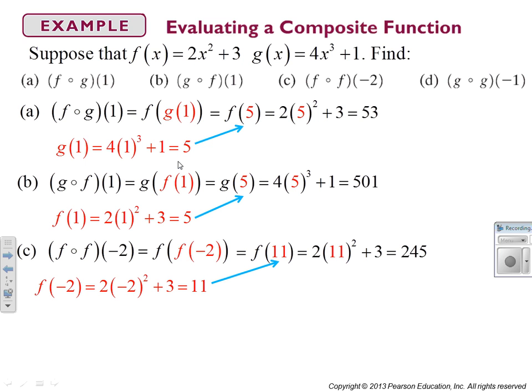So I'm going to square it. 11 squared is 121, times 2 is 242. And then plus 3 is 245.